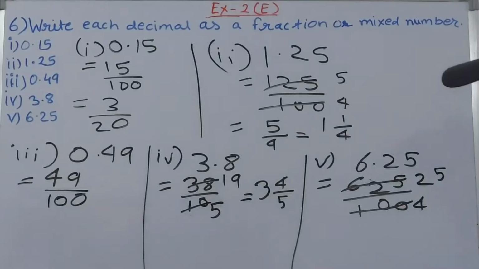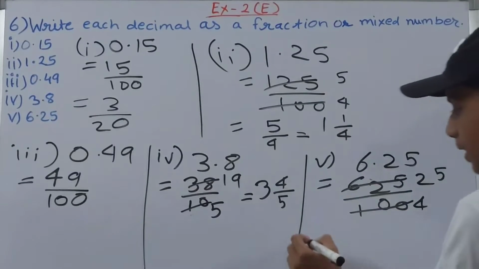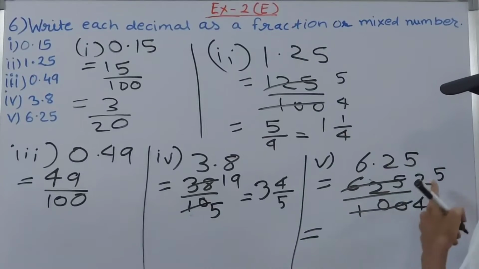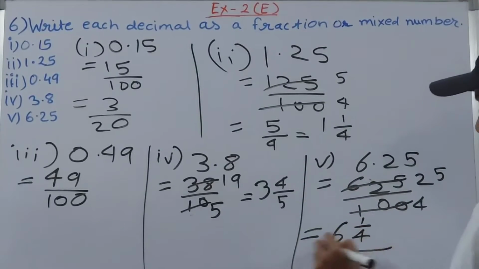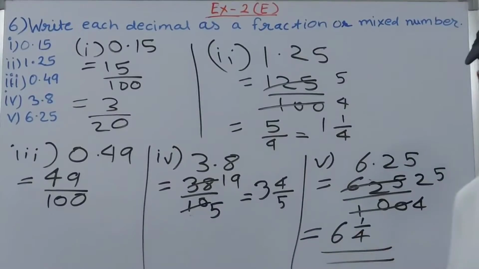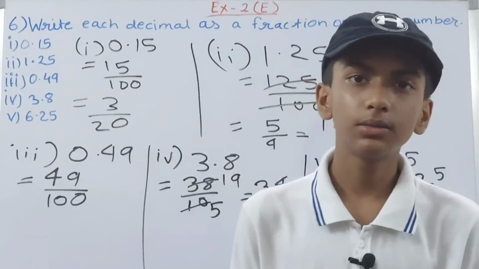So 25 upon 4. Can it be simplified further? No. So we convert it to a mixed fraction, 6 whole 1 upon 4. You can do the division; I'm doing it mentally here. So 6 whole 1 upon 4.